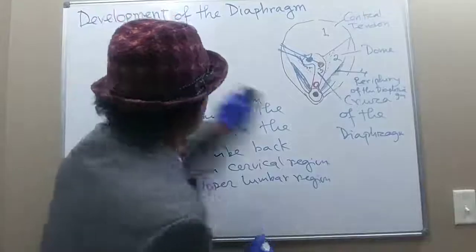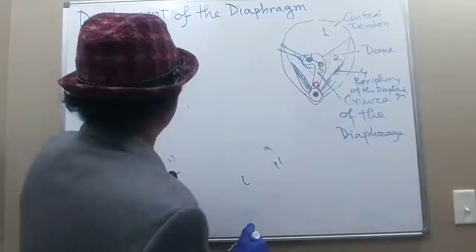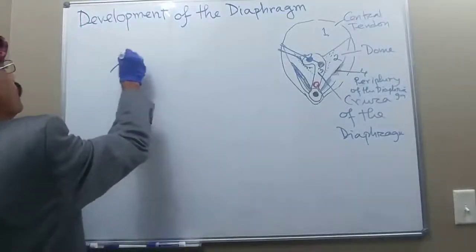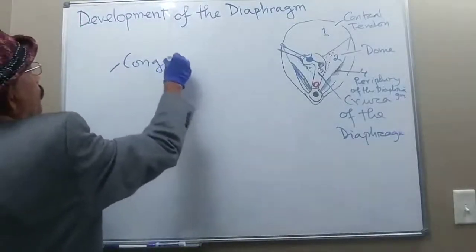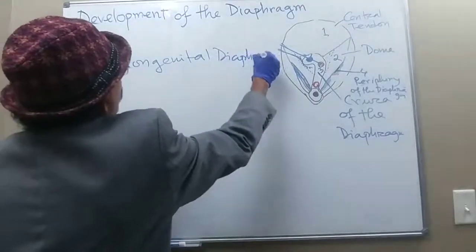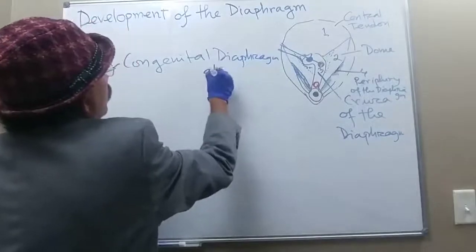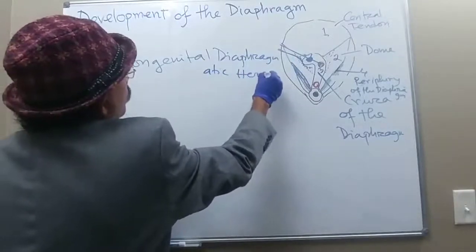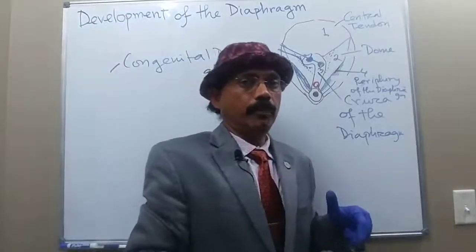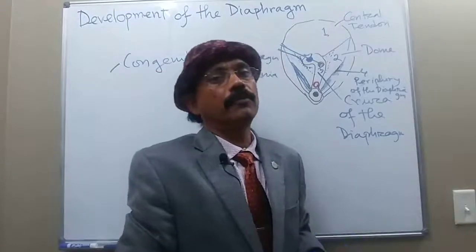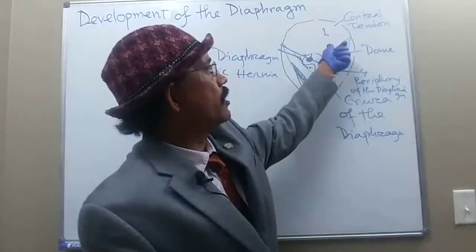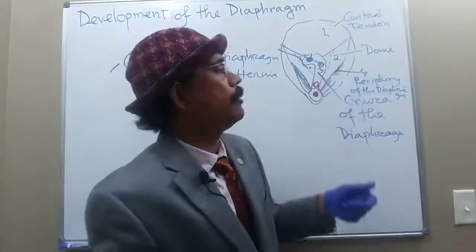Okay, we got that. Now let us go through some of the birth defects associated with the development of the diaphragm. One is congenital diaphragmatic hernia. This happens on the posterolateral aspect of the left dome of the diaphragm, because the left pleuroperitoneal membrane closes late compared to the central tendon and the body wall mesenchyme.